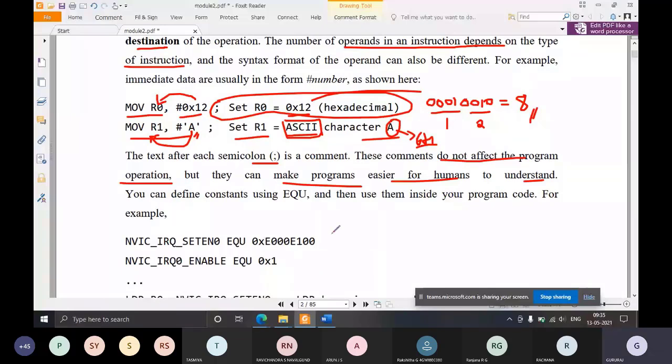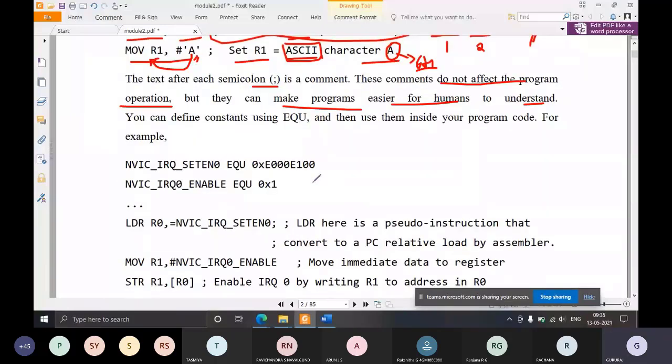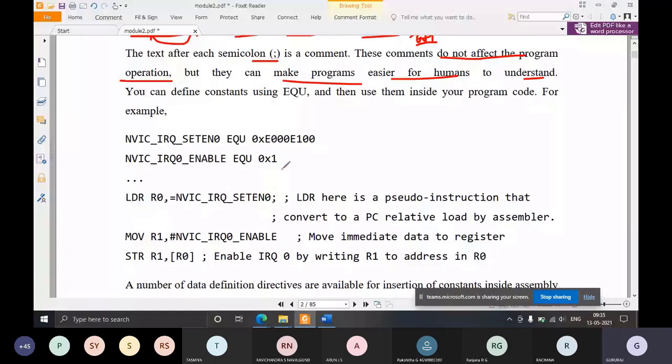One more example here: you are creating or defining a constant. NVIC underscore IRQ underscore SETEN 0.